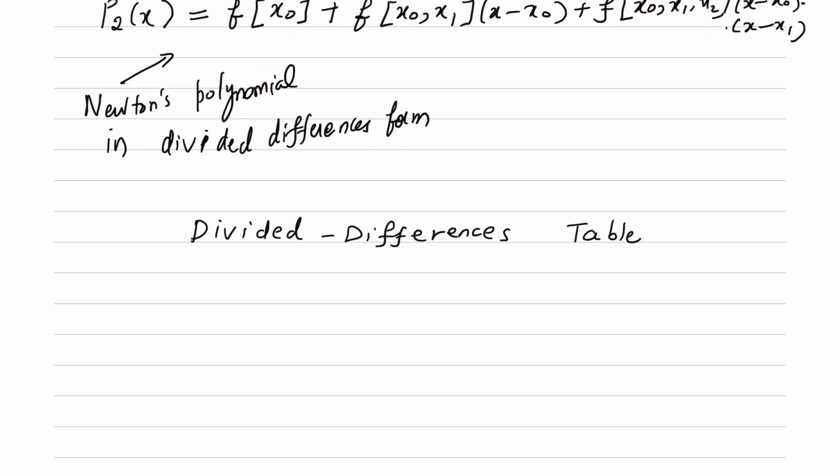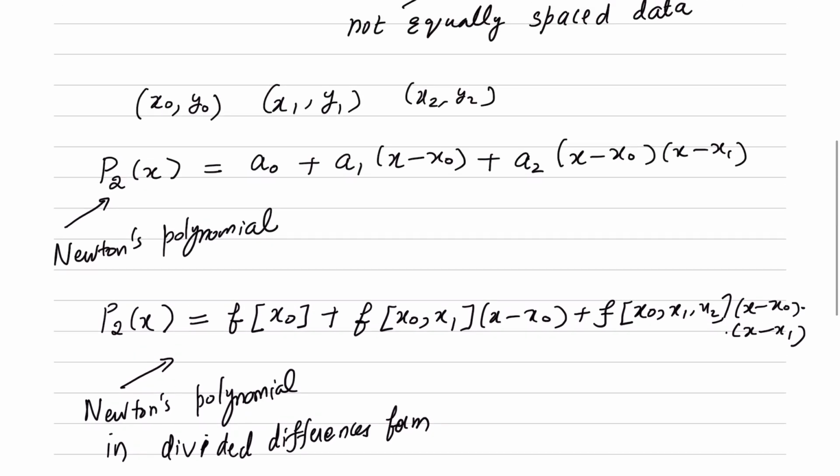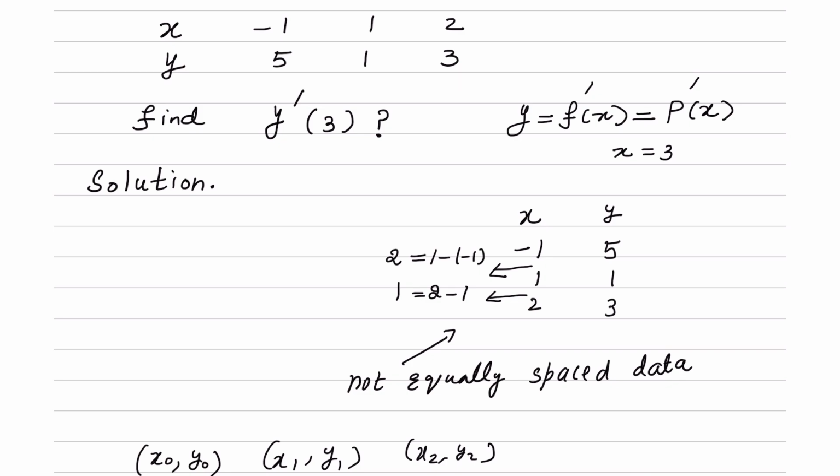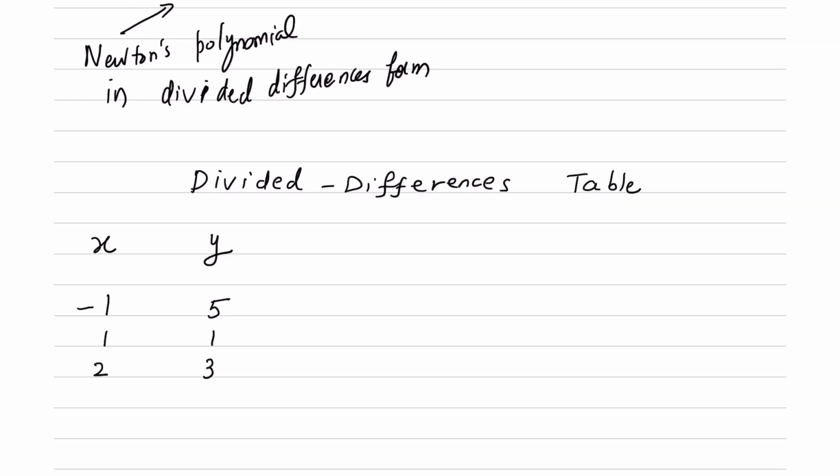So we have the data containing x values and y values, which are -1, 1, 2, 5, 1, 3. Let's construct the divided differences. We will name the x and y values x0, x1, x2, y0, y1, y2.